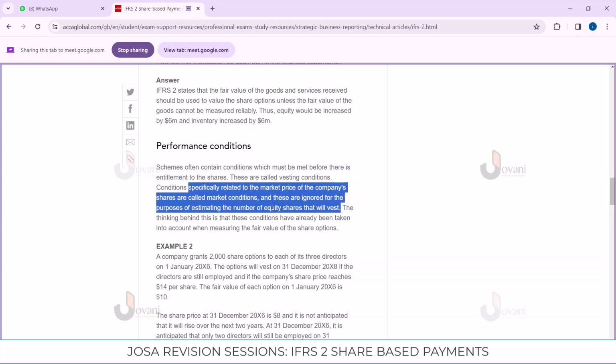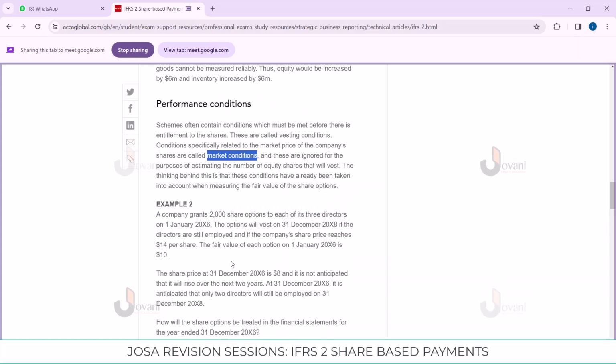Okay, let me give an example of a market condition. We've said that market conditions are attached to the fair value of the equity instrument, and so we should ignore them. Let me give an example. We say you are our employee, and we are going to allow you to buy our shares at $2 if the share price of our equity instruments is $5.